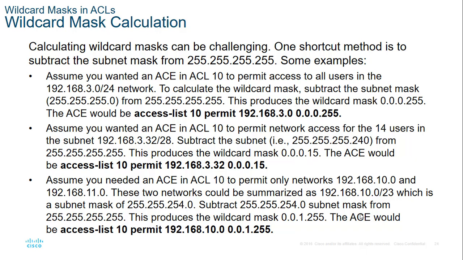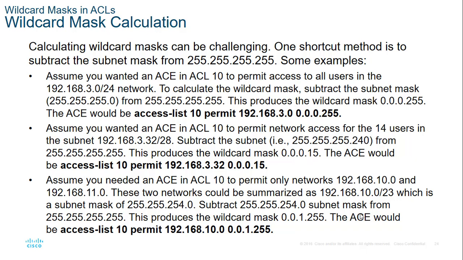And in that case, the solution would give you a wildcard mask of /15. Therefore, the ACE would be access list 10 permit 192.168.1.32. So what we want here is 14 users in the subnet.